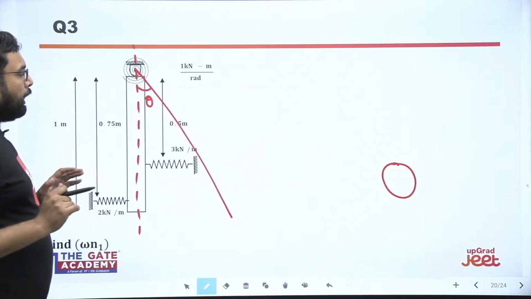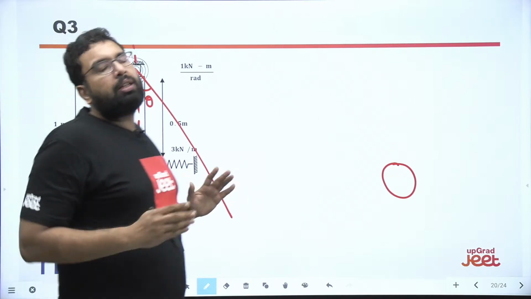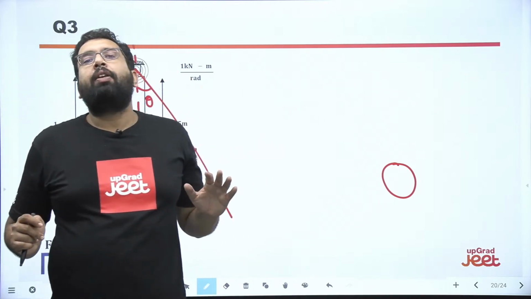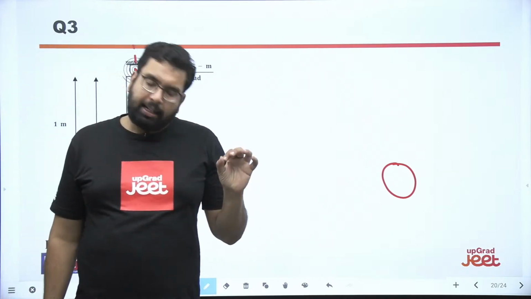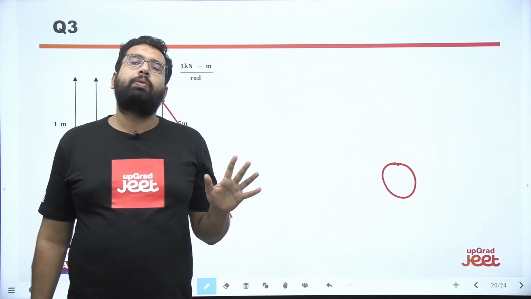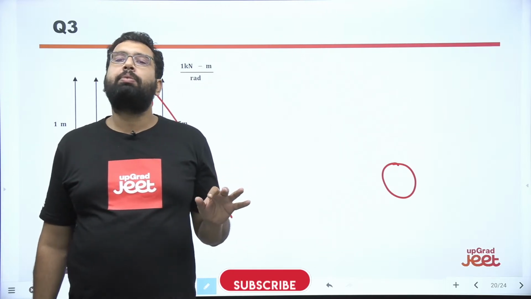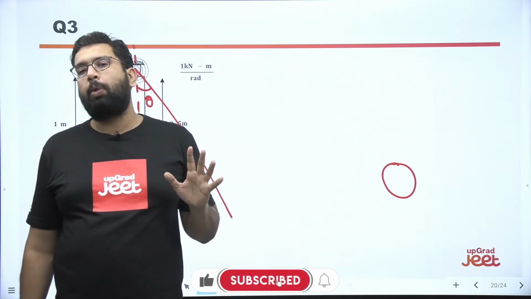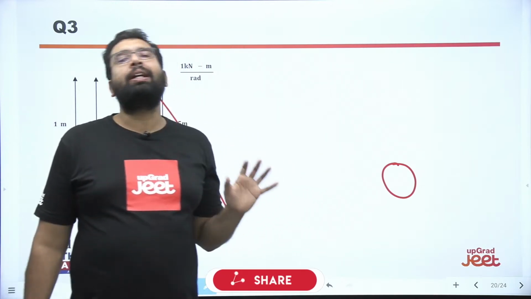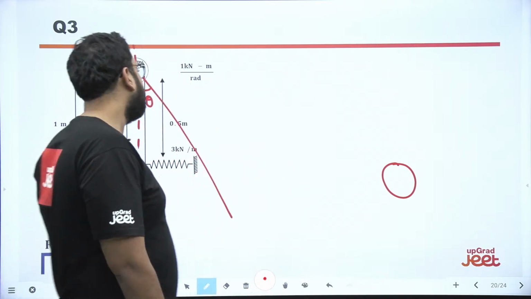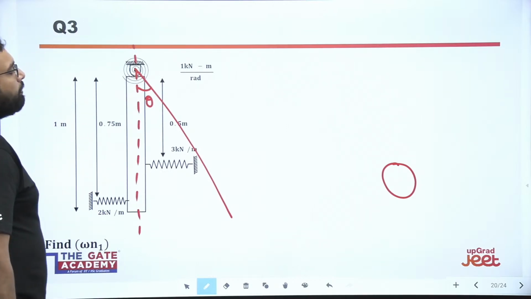Now see, in any subject, whether it is strength of materials, fluid mechanics, whenever you see a hinge in your problem, we always have to take the moment about that hinge.